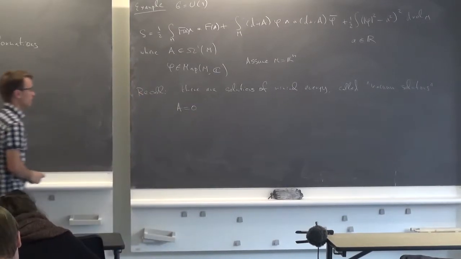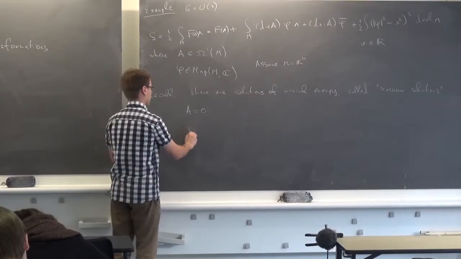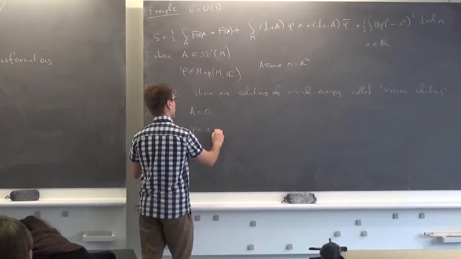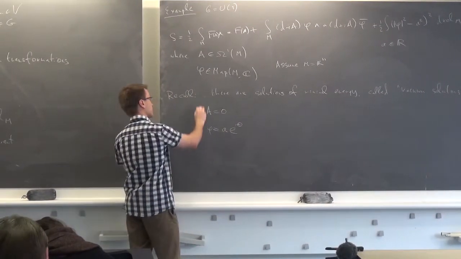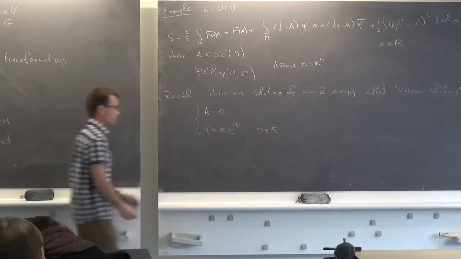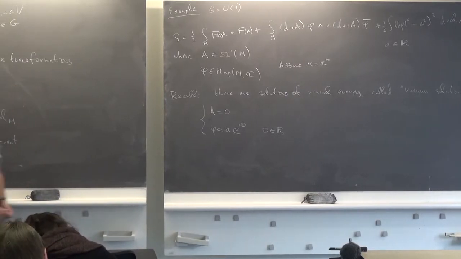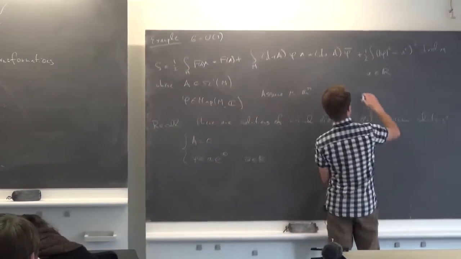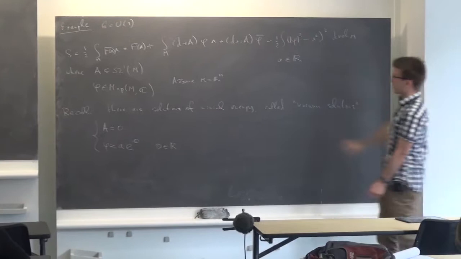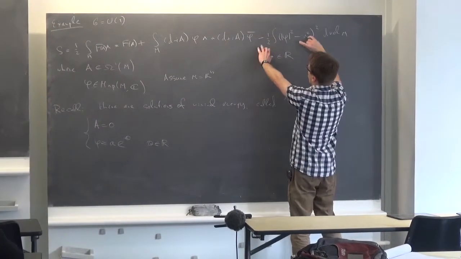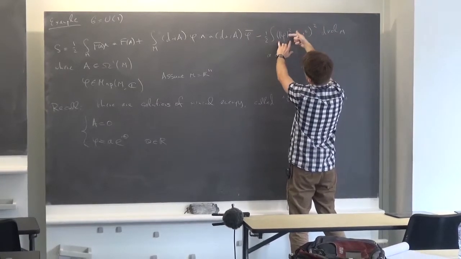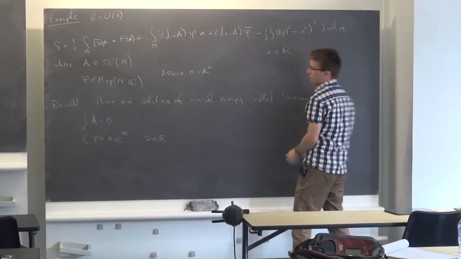The connection is just 0, and the scalar field is a times some phase e^{iθ}, where theta here is some real number. Actually, for this to be true, I think you need a minus sign here. Then when you write down the energy, it will have a plus sign here. So you want to minimize this term, and this term is minimized when absolute value of phi is a. So what's the energy?